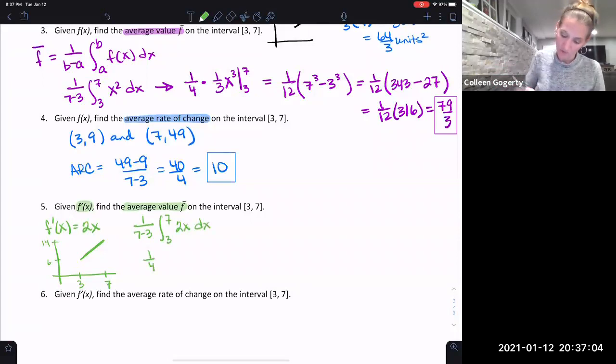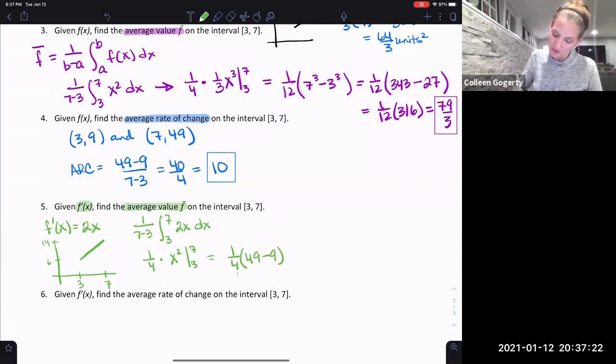So I have 1/4 times, let's see, what are we going to have there? We're going to have an x squared now, right? Because we're trying to integrate it. We're looking at the antiderivative from 3 to 7. So we have 1/4 times 49 minus 9. So I have 1/4 of 40, which is 10.